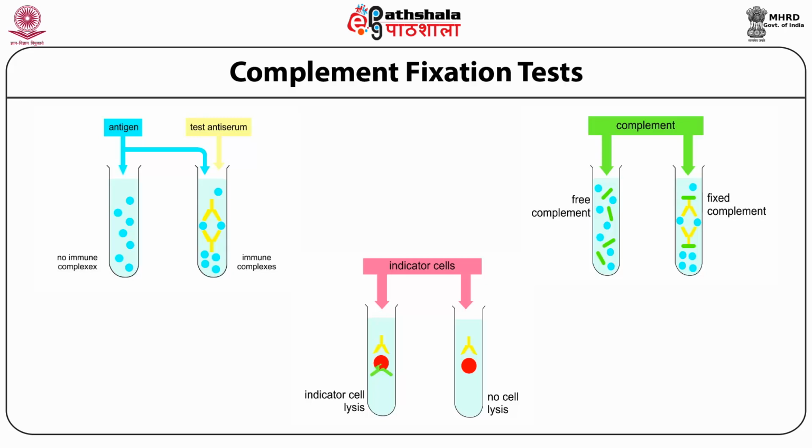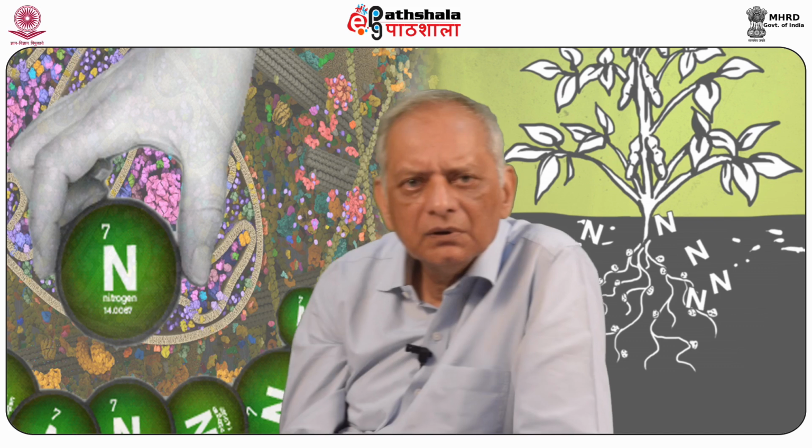Again, it should be emphasized that appropriate controls are most important in this assay because some antibody preparations consume complement without the addition of antigen. For example, as we pointed out, if the antibody preparation in serum already contains immune complexes. The controls should therefore include antibody alone and antigen alone to check that neither fix complement by themselves.